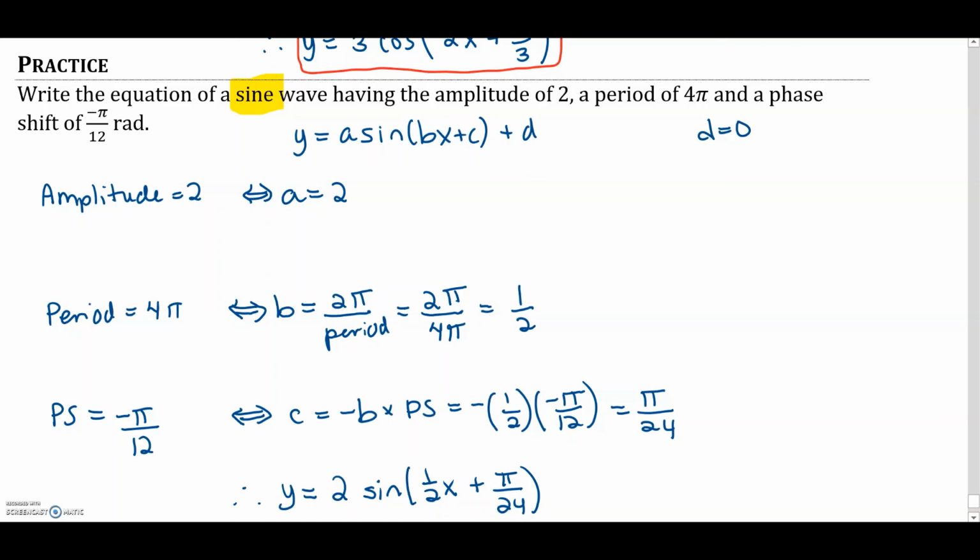There are also others where you have a different d value, shifting the equation up or down with different midline equations. And you can also phase shift more than one period, and it would give you an equation that satisfies the same attributes. So make sure that you can check your answer as well. You can graph it in Desmos and check if it has an amplitude of 2, a period of 4 pi, and a phase shift of negative pi over 12.